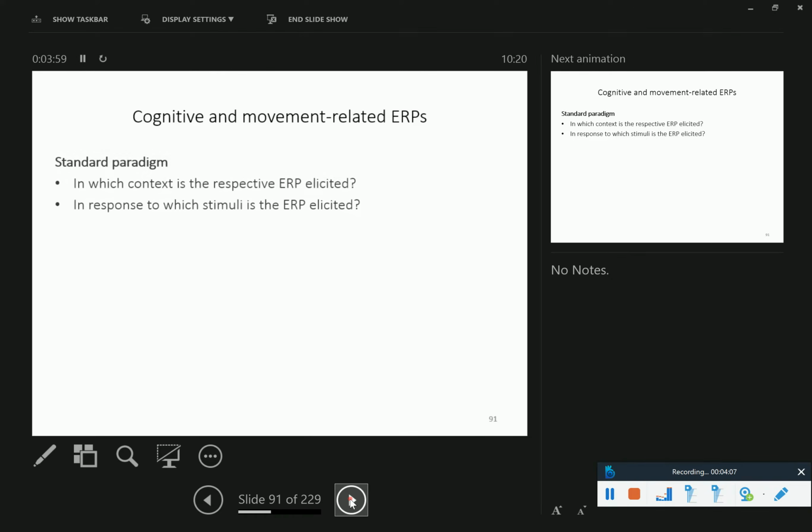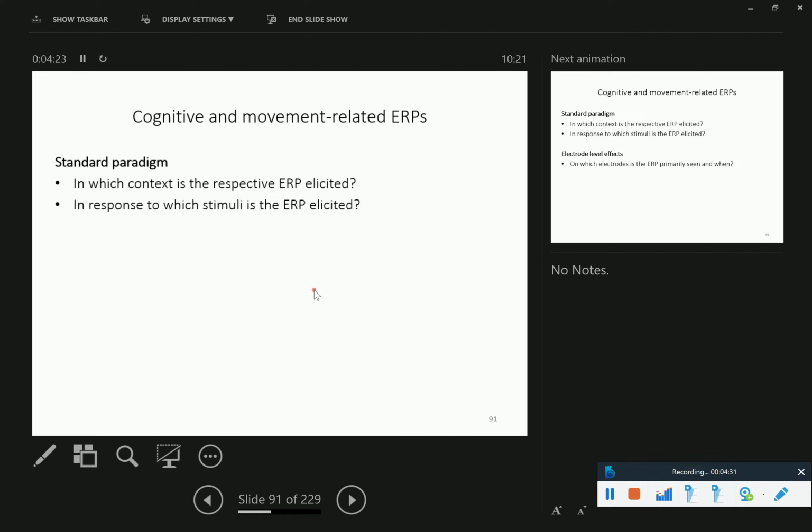So for each of these, and this was the slide that I was looking for already when we talked about event-related potentials, it helps to structure the whole thing and not get lost in all these abbreviations. And the structure that I'm imposing to present these, and also for you to learn about these, is the following.